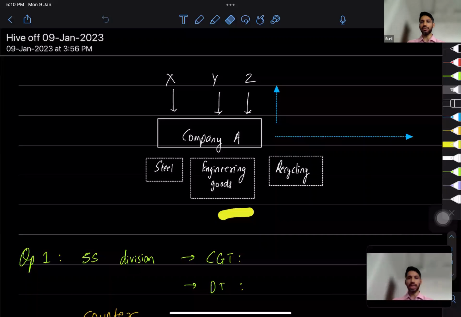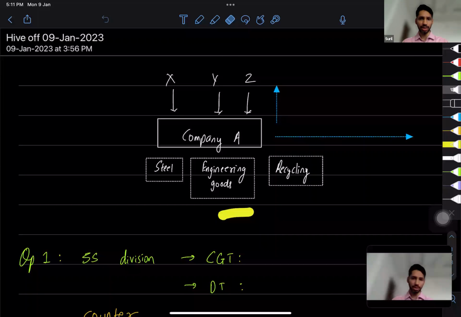So as I have displayed, it's a case of a company having three divisions. The normal line represents the company, and the dotted line represents divisions. So there's a company A, and there are three divisions: steel, engineering goods, recycling business. The engineering goods division is to be sold. So how can this sale transaction happen?